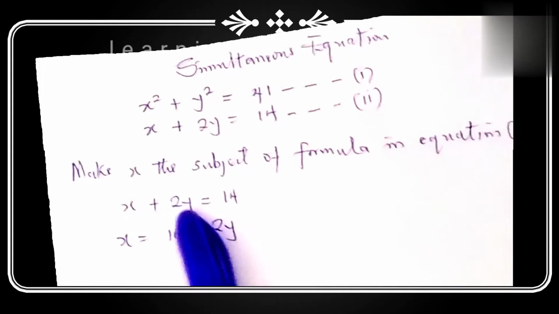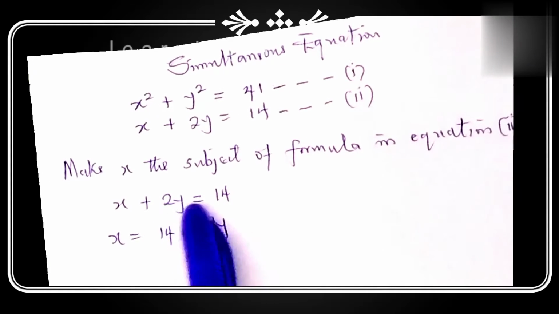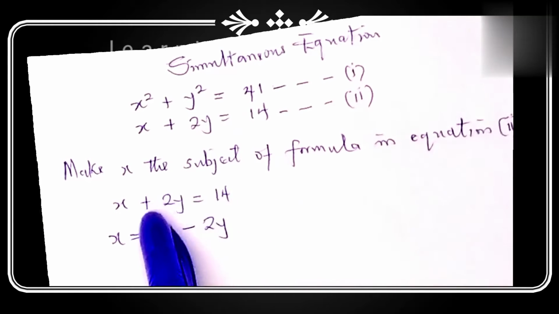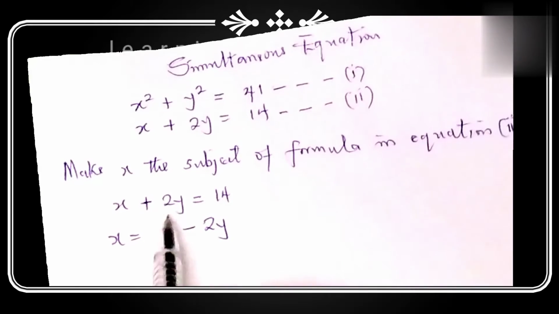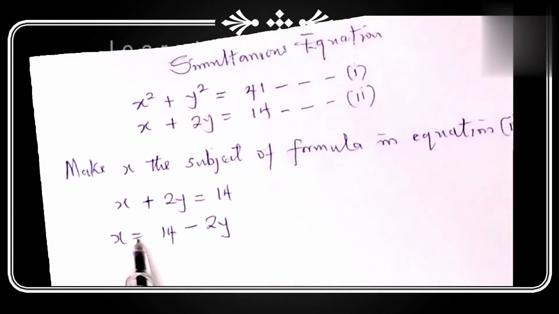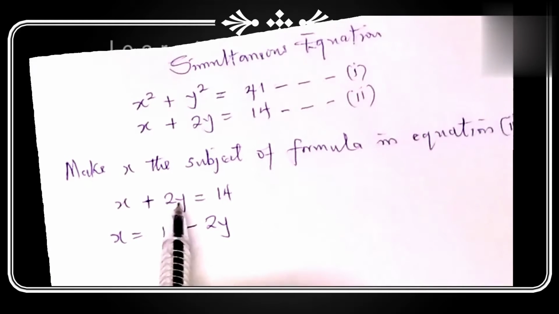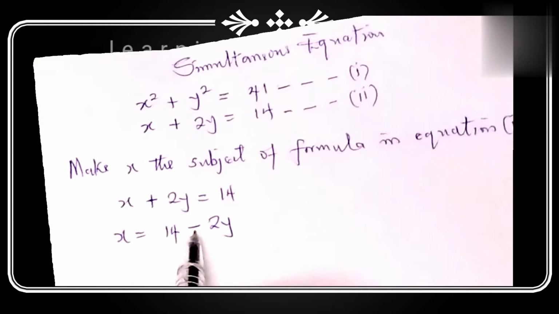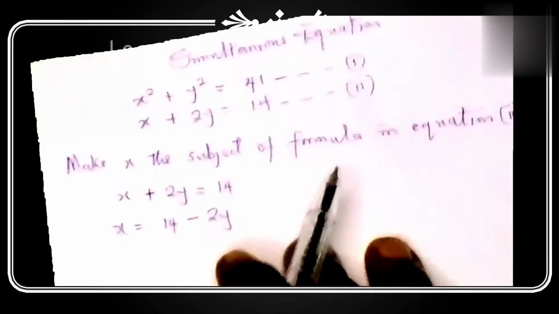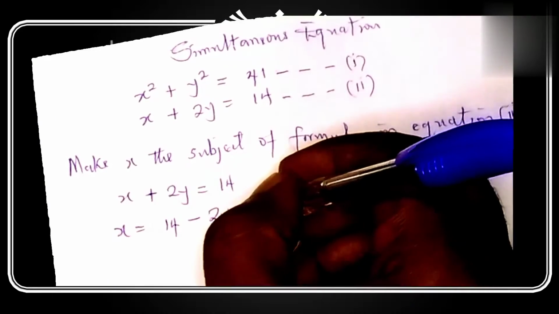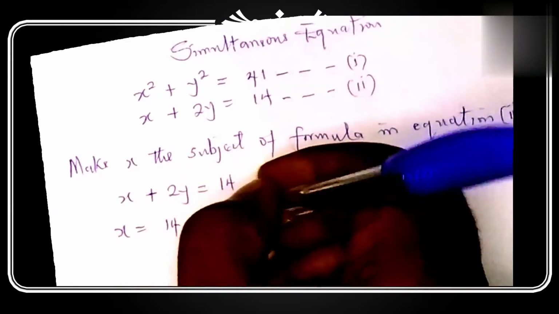When a value leaves a point across the equality sign and goes to the other side, the sign attached to it changes to the opposite. So this 2y that we took to the opposite side of the equality sign had a plus sign attached to it, so the plus sign must change to minus sign. That's why it is like that. From this point, we have found out that x is equal to 14 minus 2y.